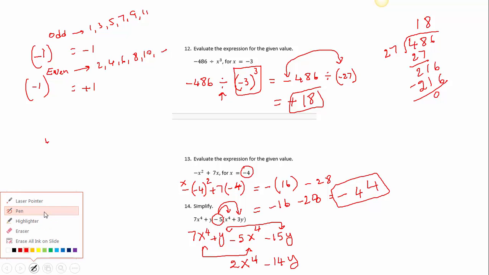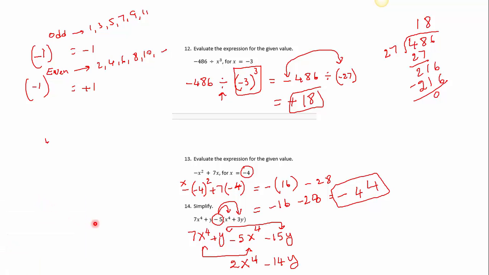So going back over this one more time, all I did here is first I distributed the minus 5. Minus 5 times x^4 is minus 5x^4, and minus 5 times 3y is minus 15y. So minus times plus is minus. 5 times 3, 15y. Notice that 7x^4 and negative 5x^4 are called like terms because they have the same variables.